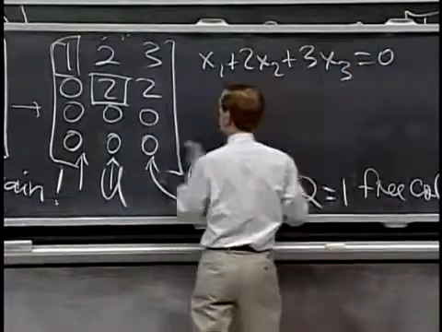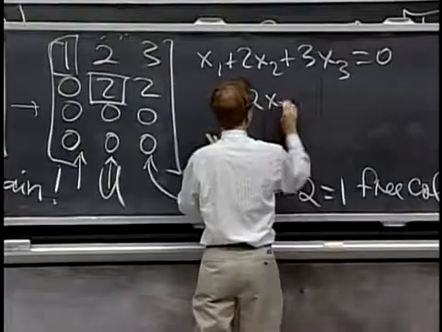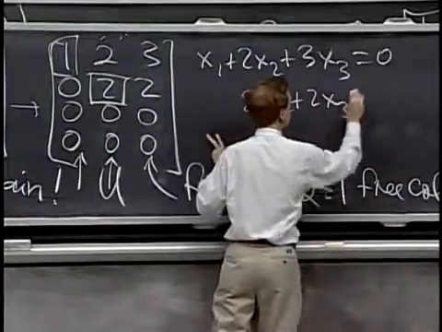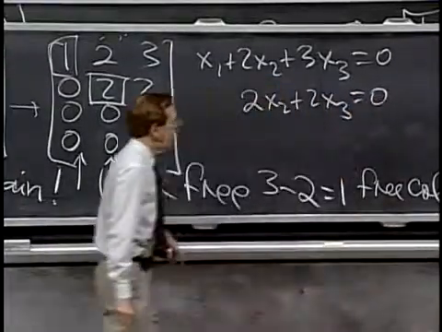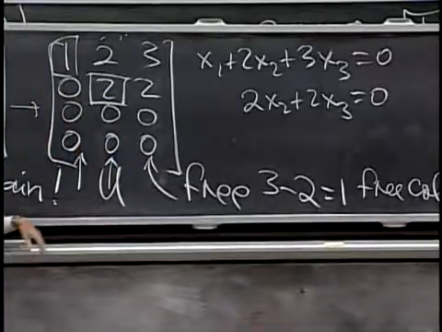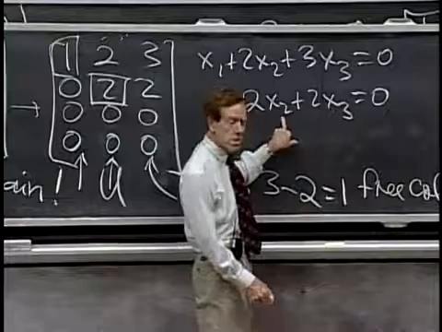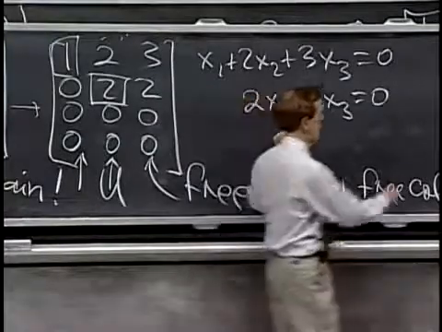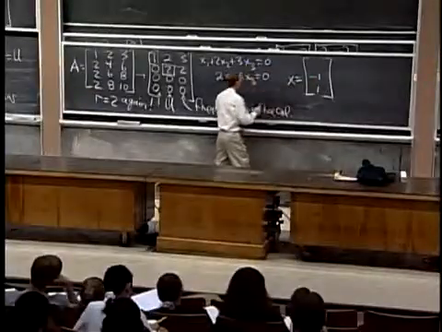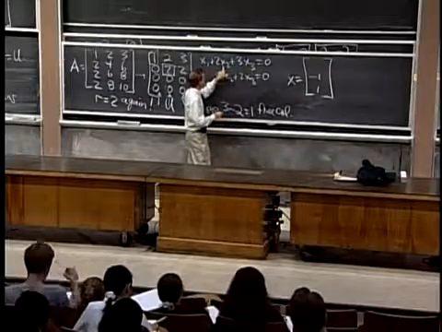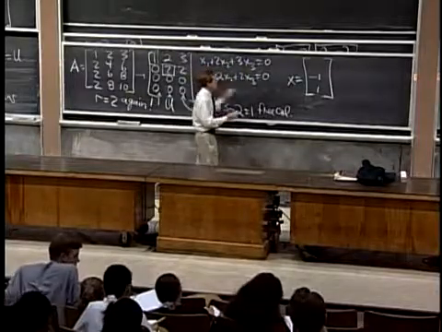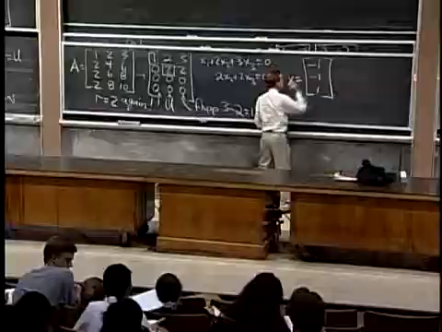That's my first equation. And my second equation is now 2x2 plus 2x3 equals 0. So if x3 is 1, then x2 is minus 1. And if x3 is 1 and x2 is minus 1, then maybe x1 is minus 1.